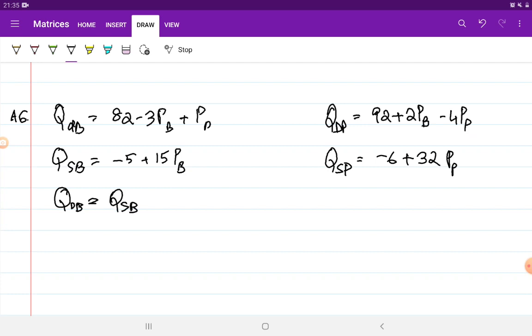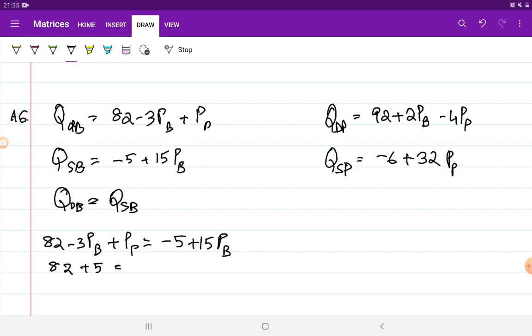beef, which means 82 minus 3 PB plus PP is equal to minus 5 plus 15 PB. So if I take the PB and PP terms to the other side, I've got 82 plus 5 is equal to 15 PB plus 3 PB.